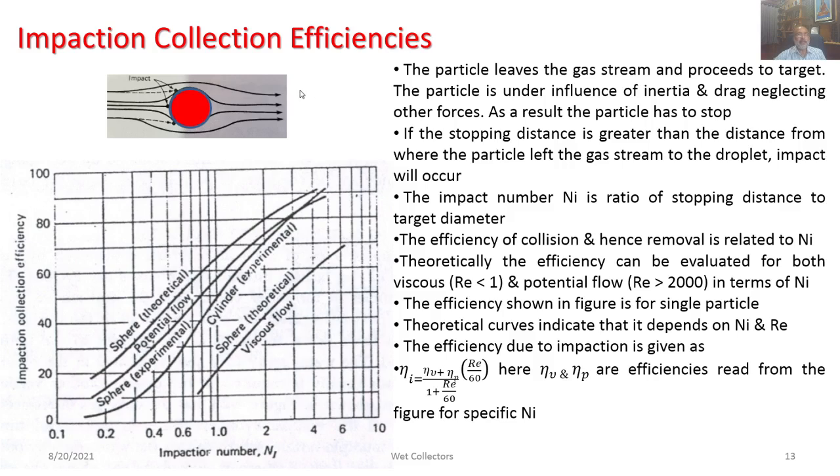In order to understand the basis behind the collection efficiency, we will go through these particular steps. The particle leaves the gas stream and proceeds towards the target. As the particle moves towards the target, it is majorly influenced by the inertia force and the drag caused by the surrounding gas.